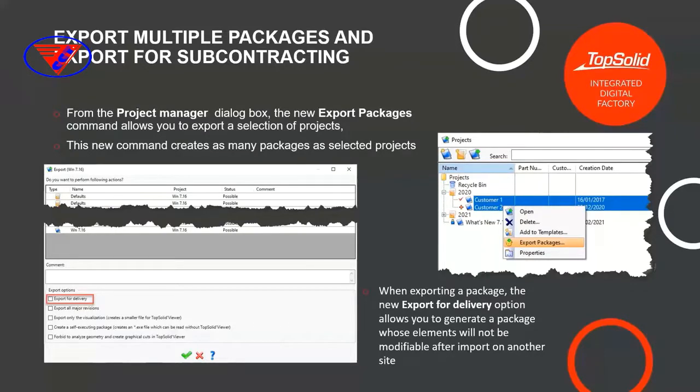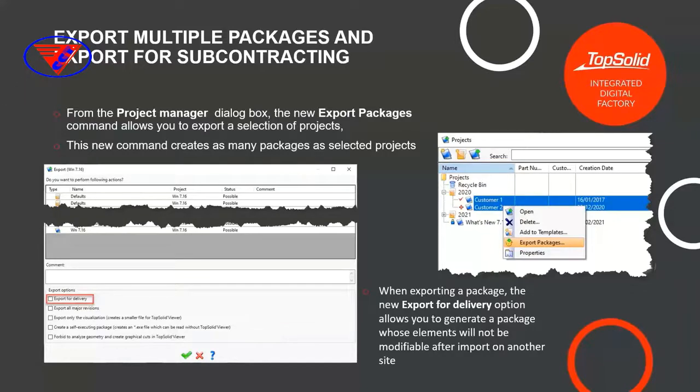Next, and this is a new feature. All right, so we have a new type of export available called Export for Delivery. So when you export for delivery, again, it's just an option once you select the package, and you can tick off Export for Delivery here. The whole idea here is this. Let's say that you're a TopSolid user, which clearly you are because you're here, and you are wanting to export a package to another company that's also using TopSolid.